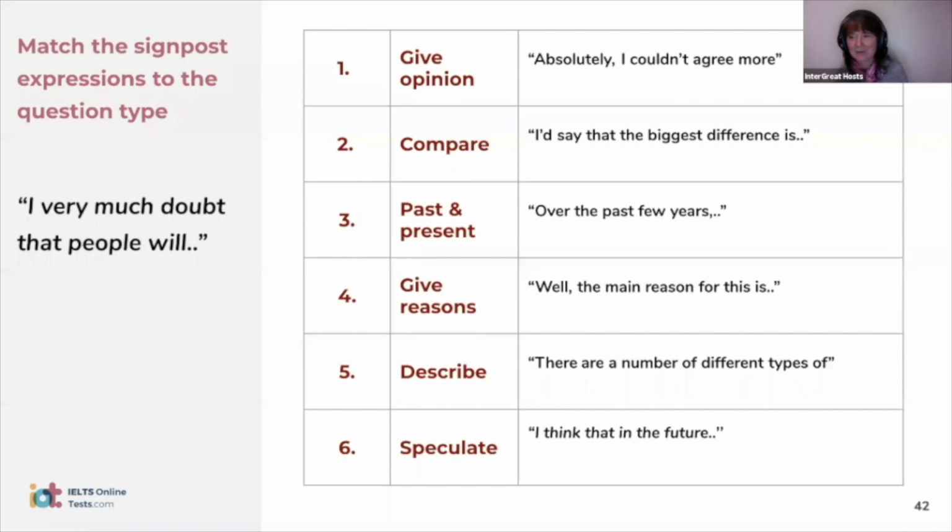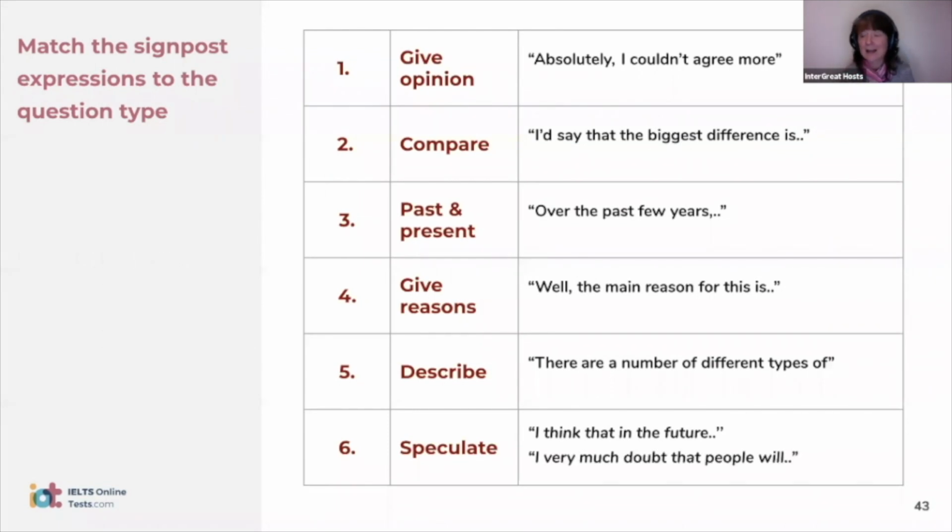It's kind of an opinion, but if we're focusing specifically on that last part, we are talking about the future. So using words like doubt or convinced, very nice expressions. I'm convinced that people will. I doubt that people will. Very nice way of talking about the future.